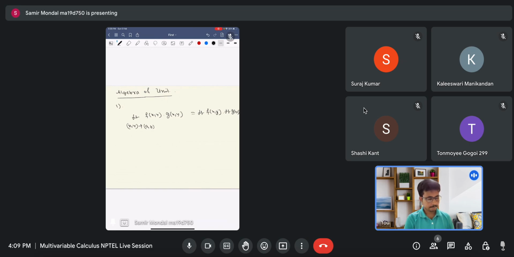So now we'll look at continuity. Could you please tell me what is the definition of continuity of a single variable function?